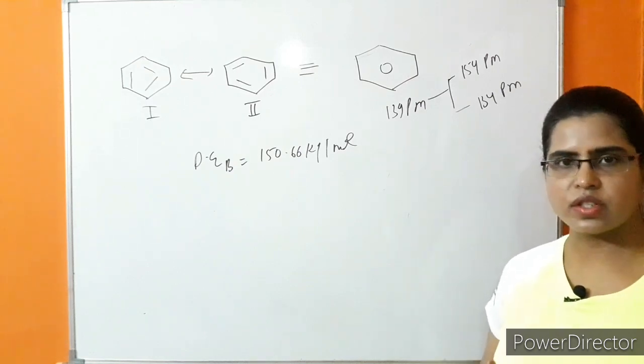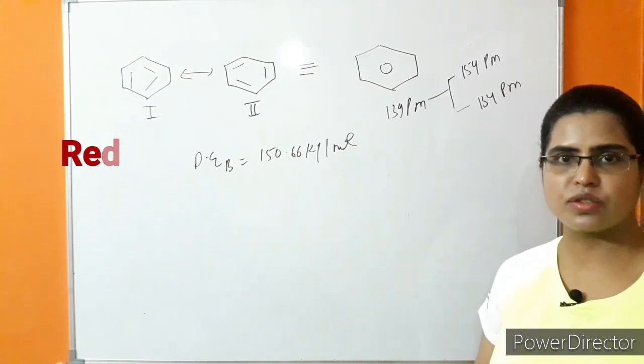How will the calculation of this delocalization energy be done in the case of benzene ring?